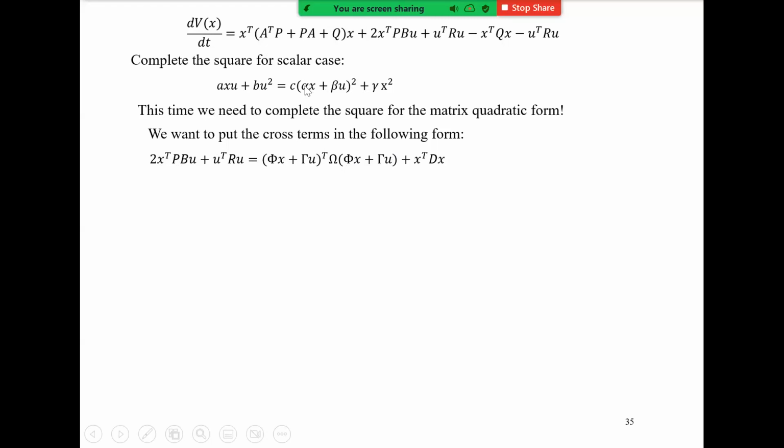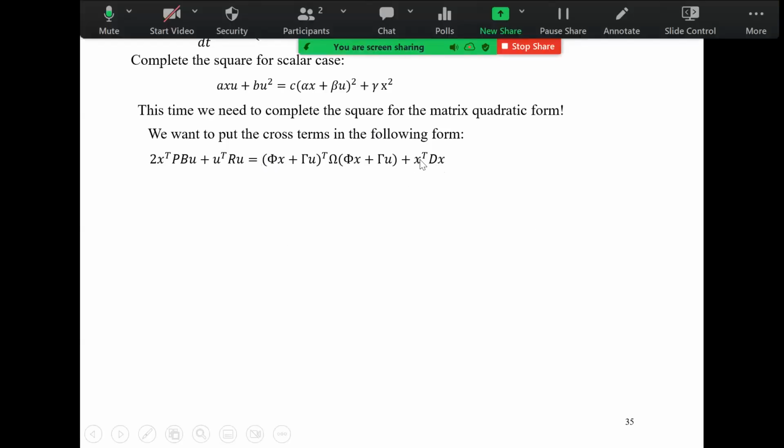Here we have alpha x plus beta u, so now I have phi x plus gamma times u. Then I have a c, so we have something in the middle, omega. And then for the x squared term, I have to determine what is d, so it's a square of x times d. That is the meaning of completing the square for a quadratic form.